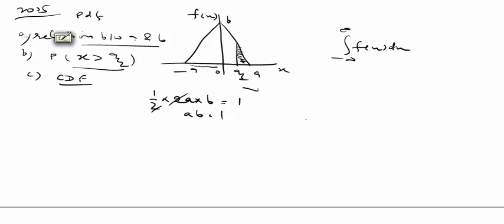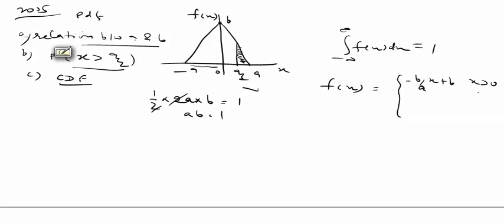Otherwise we have to define f(x). What is the definition of f(x)? The definition of f(x) is minus b by a x plus b, where b is this point, when x is greater than 0, and plus b when x is less than 0.